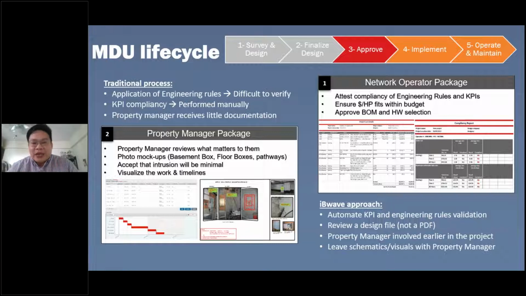So the property manager can download it for free and view the design file by themselves, which gives much clearer information. The property manager can be involved in the project at an earlier stage to avoid any hiccups in between. Then we leave the schematic or visuals with the property manager so that they will have much more confidence in us.